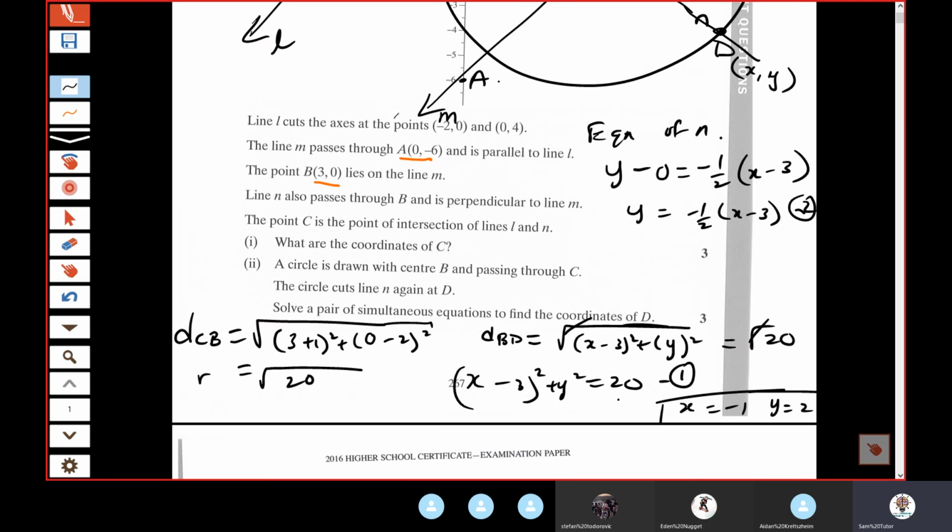Don't try to fit it into one little piece of corner. I'm just saying, don't try to do that. Really give this a shot, because this is a good simultaneous equation. Y equals negative half x minus 3, and x minus 3 all squared plus y squared equals 20. Solve simultaneously. All right, I'll give you guys some time.